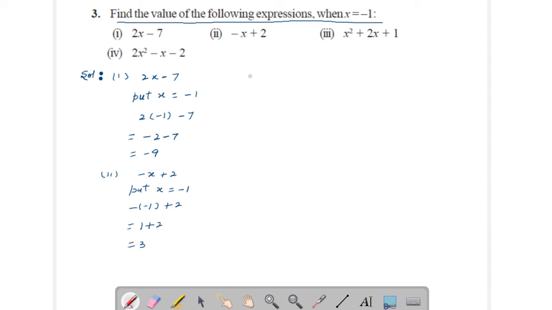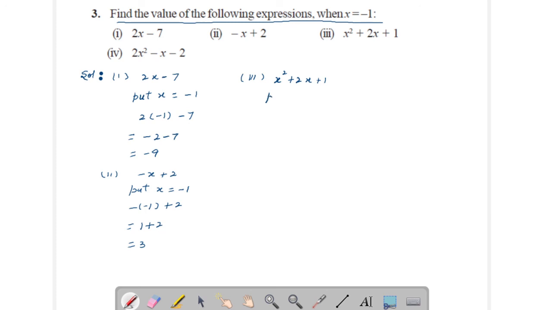Now come to third part. It is x square plus 2x plus 1.